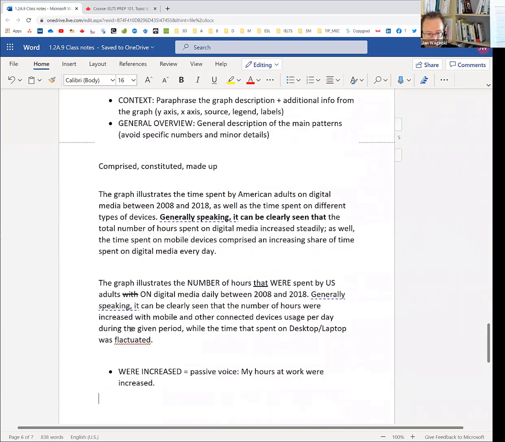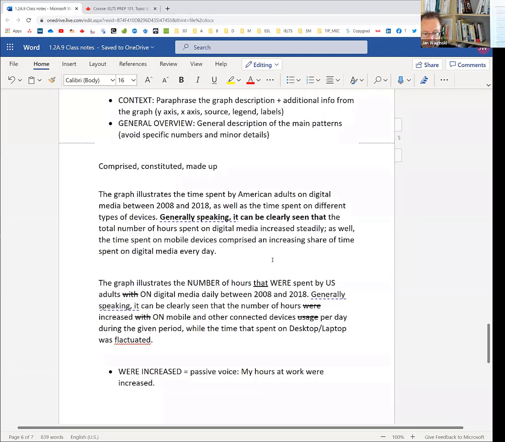So in this case, there's no need for passive. The number of hours increased on mobile and other connected devices per day.